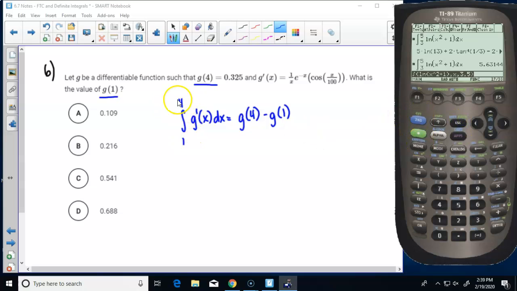And we want to do the integral from 1 to 4 of g prime of x. So we will do F3. We will integrate. We will say y1 of x. And since it's in y1, we don't actually have to do anything else there. We'll tell it comma x, comma 1, comma 4, and close that parenthesis.